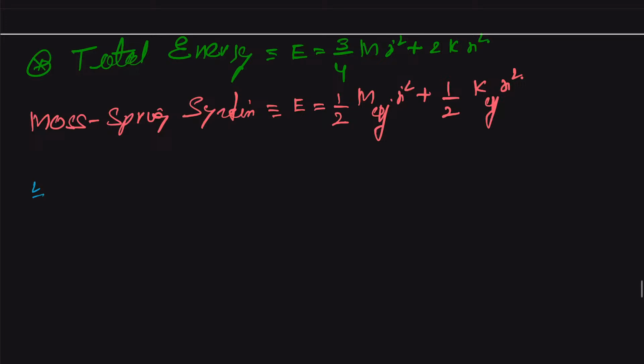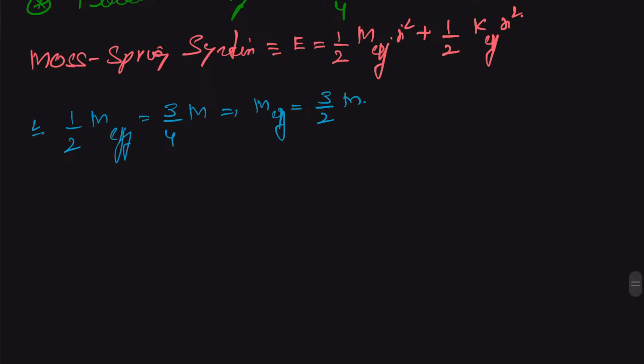From here we get 1 by 2 mass effective will be equal to 3 by 4 times m. From here we get that our mass effective will be equal to 3 by 2 times m, and we can also say that 1 by 2 spring constant effective will be equal to 2k, giving us that the effective spring constant will be equal to 4 times k.